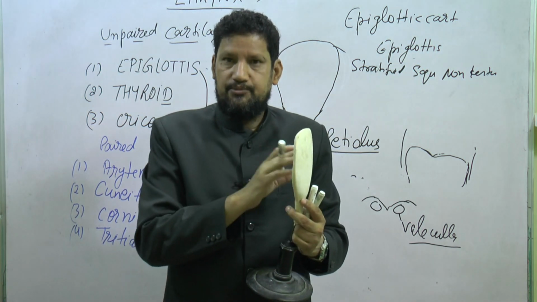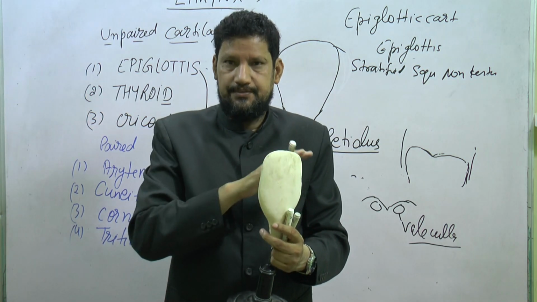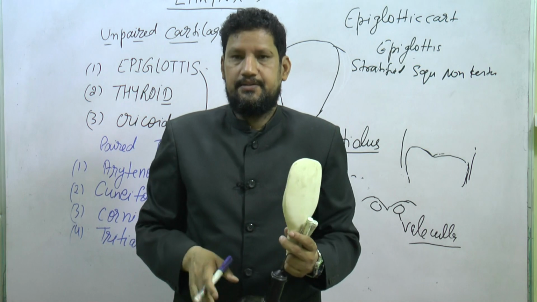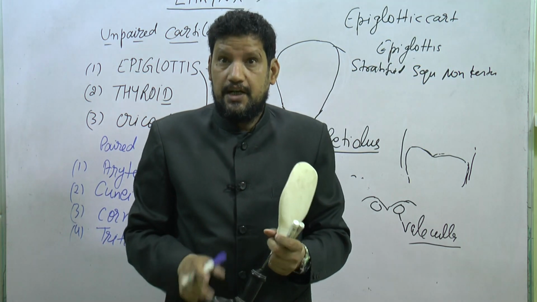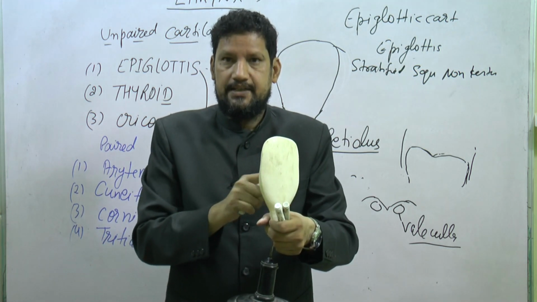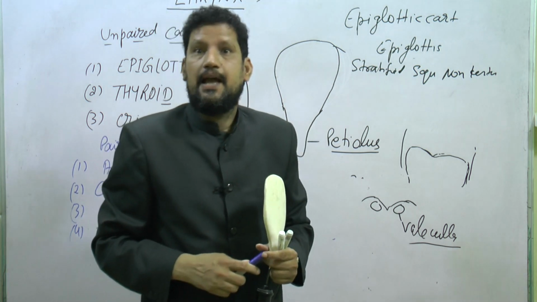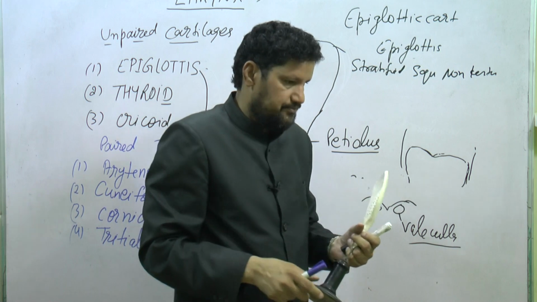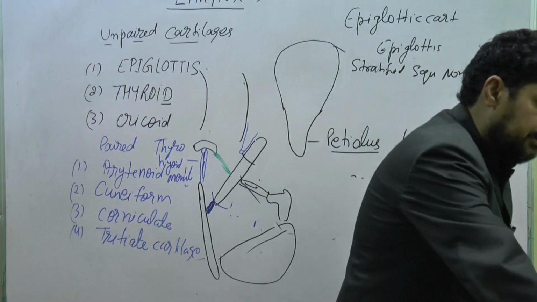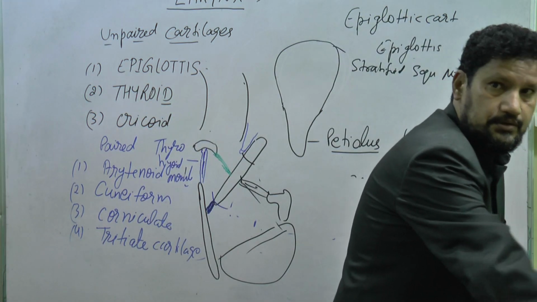So right and left border, upper part is free. Lower part of right and left border gives attachment to the aryepiglottic fold.